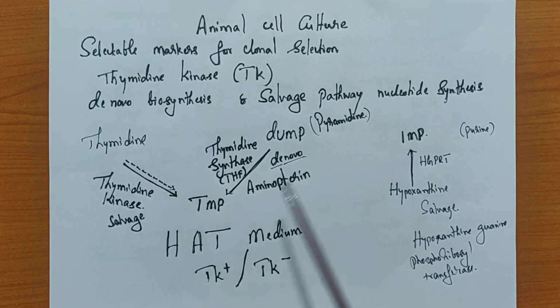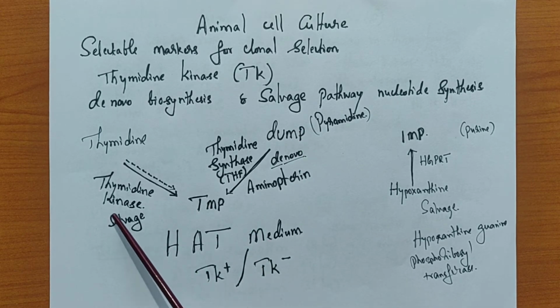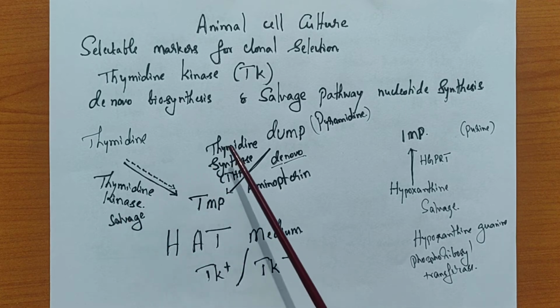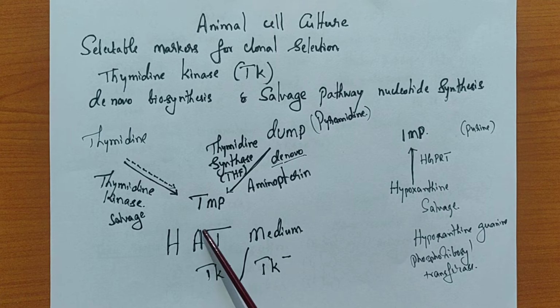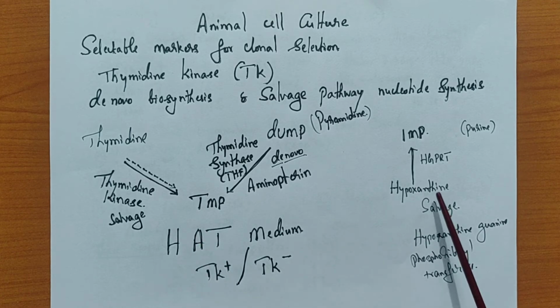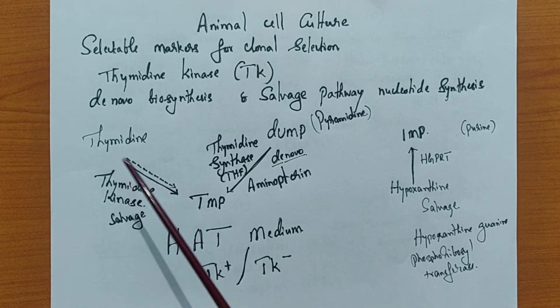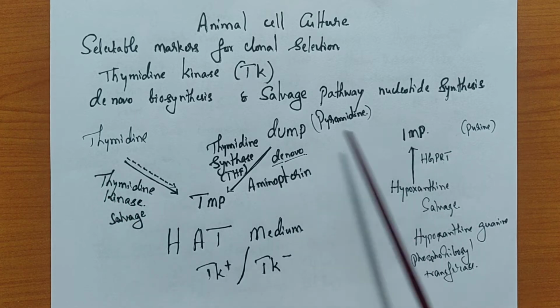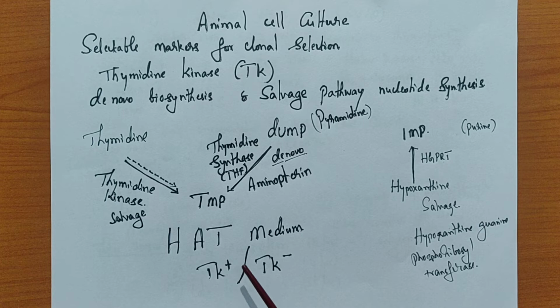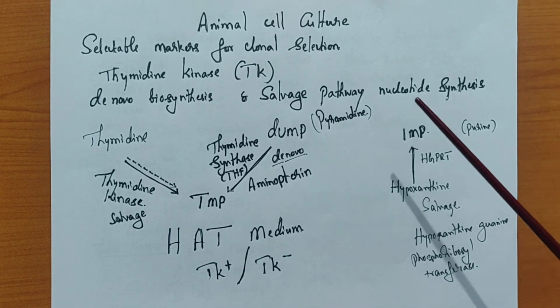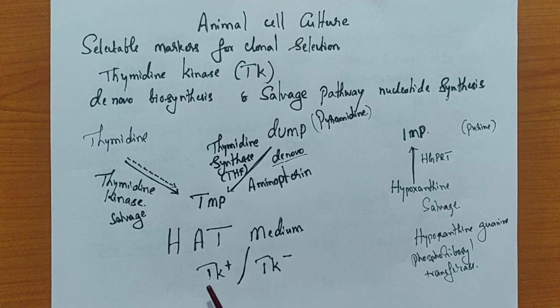But if you take a cell and supplement that cell with thymidine kinase, then in the presence of aminopterin, hypoxanthine and thymidine, we are activating the salvage pathway. So the TK plus cell, which has a thymidine kinase, will survive. This is what is called the TK plus and TK minus salvage pathway, in fact.